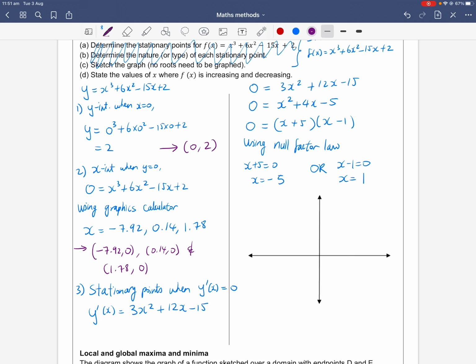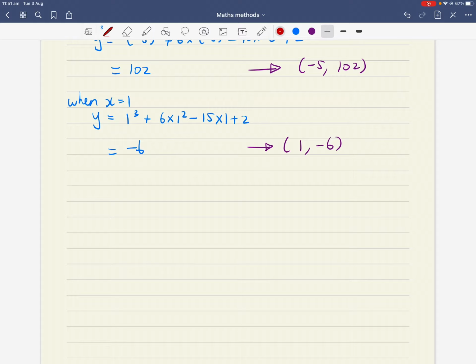Next, what we need to do is test the nature of the stationary points. I'll show you both methods, just in case. The easier method is to do the double derivative, but sometimes the double derivative doesn't always work out, so we just have to resort to the table method. So next step, that was step 3, stationary points.